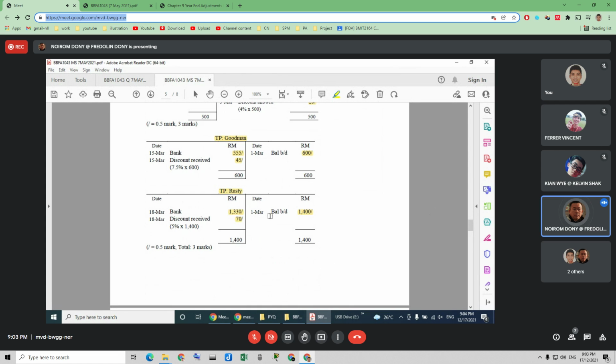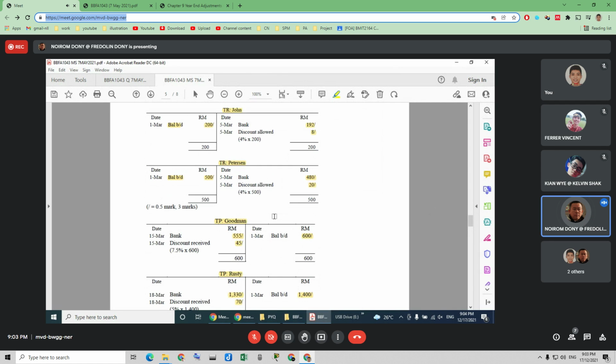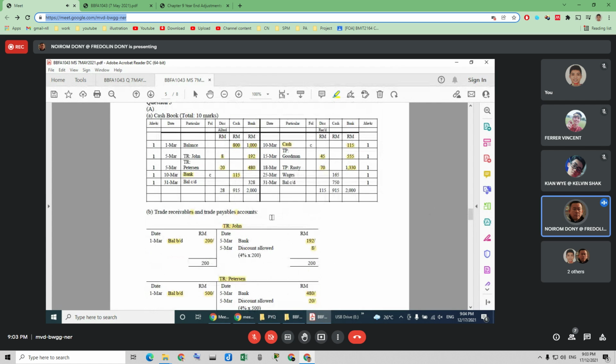And the last one, wages of 165 were paid in cash. So in the cash column on the credit side, cash column 165. It will be wages. You were not asked to open up a wages account or complete the double entry, no need to do. So just record it in the cash book only.